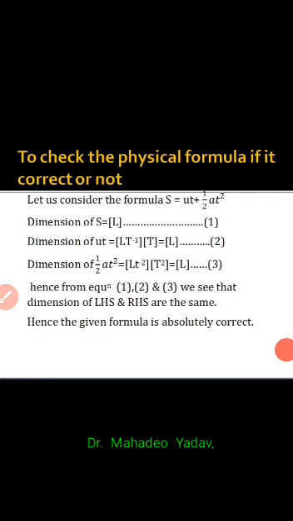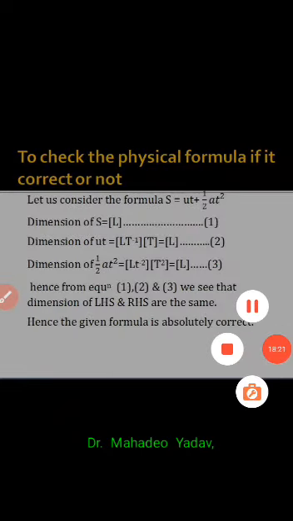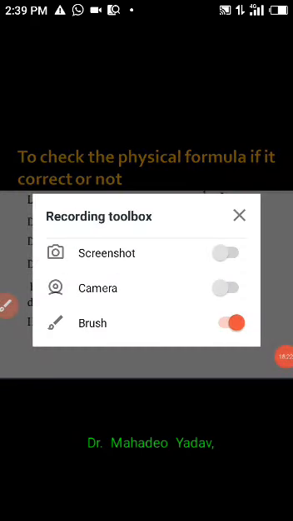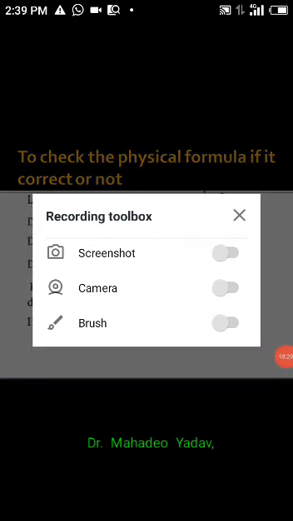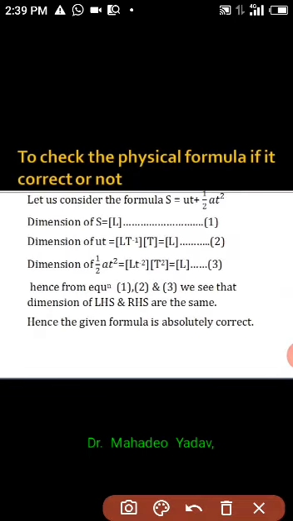Now, with the help of dimension, we can also check whether a formula is correct or not, right or wrong. Here, we check a popular formula: S is equal to ut plus half at square.